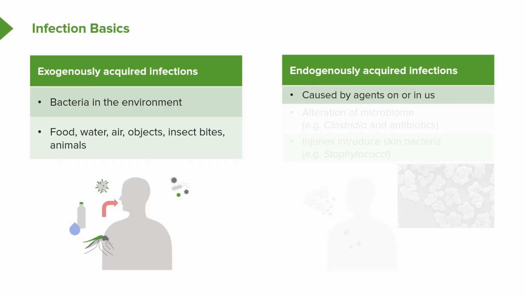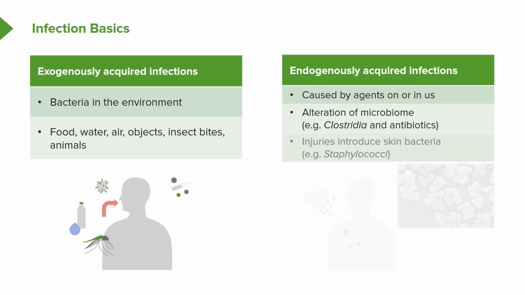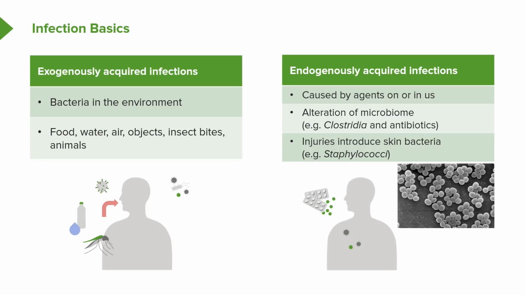And this could be because we've altered the microbiome by treatments with antibiotics, and clostridial infections of the intestine are a great example of that, where we alter the composition of this family of microbes and then suddenly Clostridia overgrow and cause us problems. Sometimes injuries introduce skin bacteria into us, and this is commonly occurring with Staphylococci, normal inhabitants of the skin.